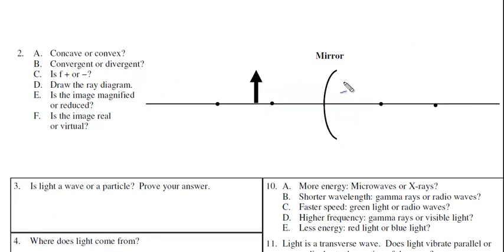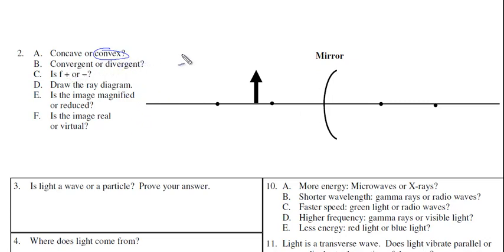Okay, so for the second one, we have a mirror instead of a lens, and it looks like the object is sitting in between the focal point and the center of curvature. First question, once again, we just want to know, is it concave or convex? And this is a convex mirror because it doesn't cave in on itself. Is this convergent or divergent?